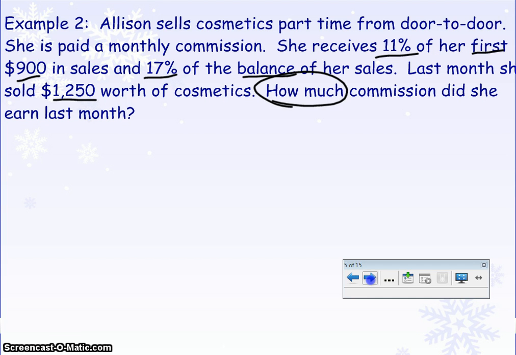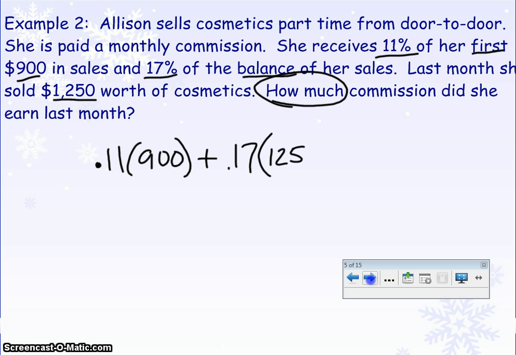Well, the first thing we know is that she earned 11%, or 0.11 as a decimal, times the $900. Plus, she received 17% of anything over the $900, which is $1,250 minus the $900. So if I rewrite this, it's 0.11 times 900. That's the first portion.